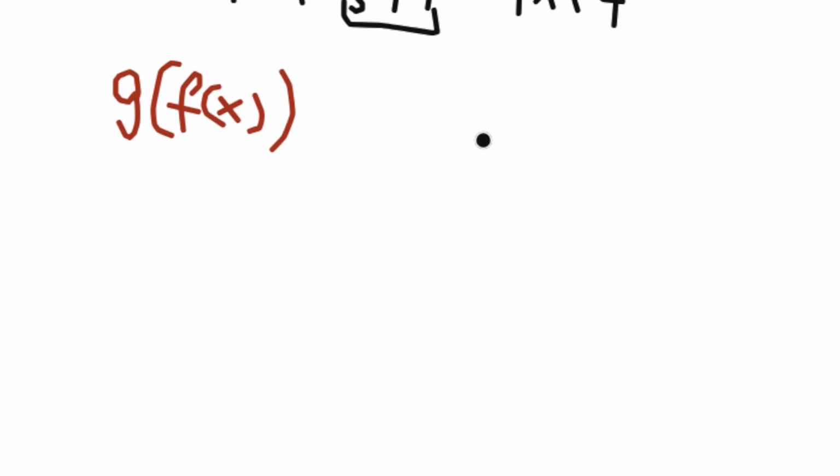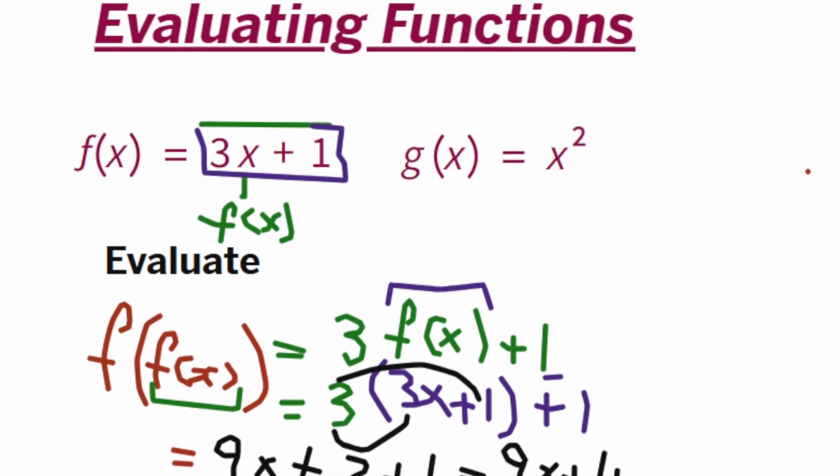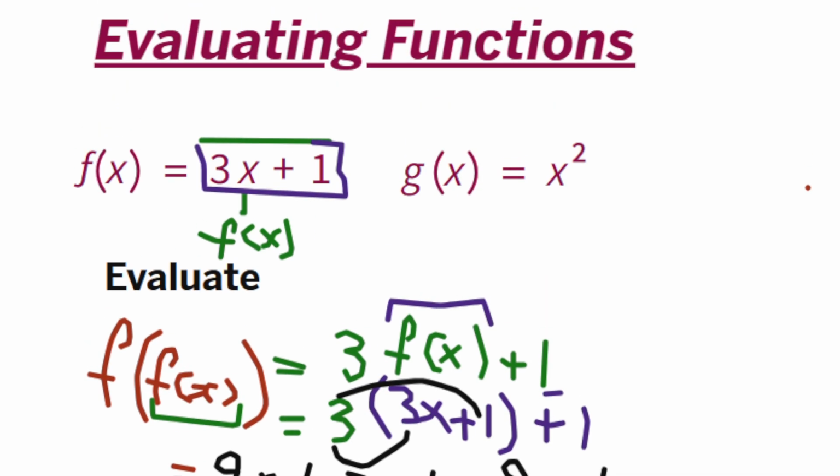Now here it says g of f of x. So we will replace the x of g by f of x. So instead of this x, because the question says g of f of x. So if it was g of 3, we replace the x by 3. Since it's g of f of x, we replace the x by f of x.